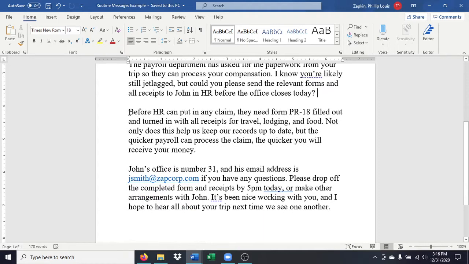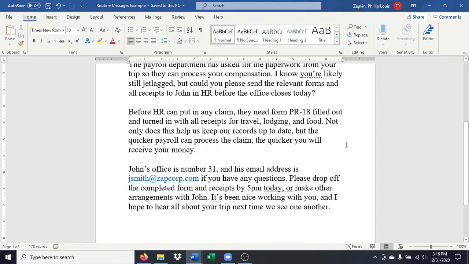As we move on, the body has a couple of specific tasks it's supposed to do as well. The first is to provide any additional details. The second is to provide any necessary justification or explanation for the message itself.